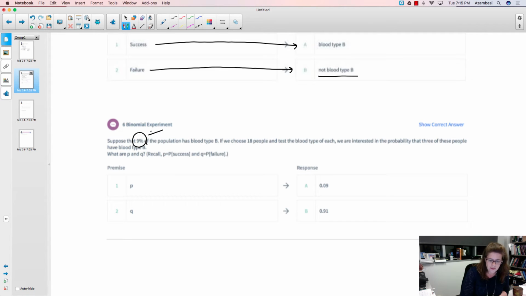Here, 9% of the population has blood type B, which means the probability of selecting a random person with blood type B would be 9% or 0.09. So P is equal to 0.09. And then Q, remember, is equal to 1 minus P. So 1 minus 0.09 is 0.91.